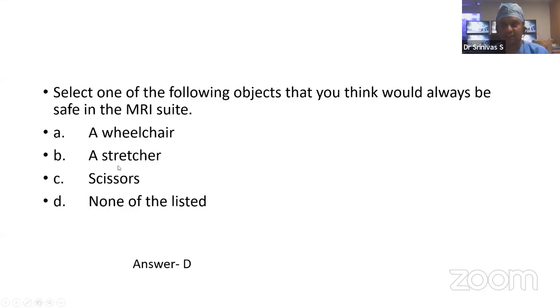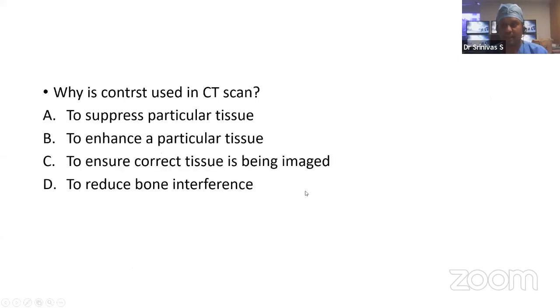So a wheelchair, a stretcher, and scissors are not allowed into the MRI suite. Why is contrast used in CT scan? Yeah, it is B, to enhance a particular tissue. That's all.